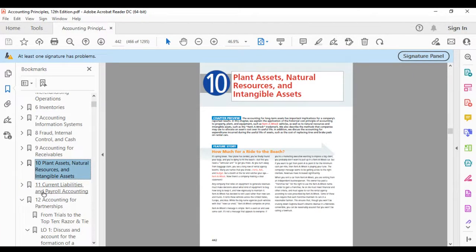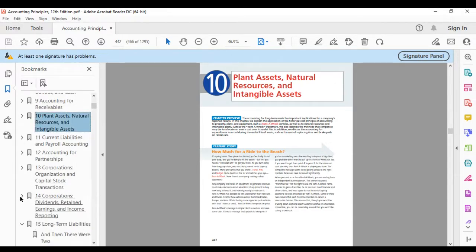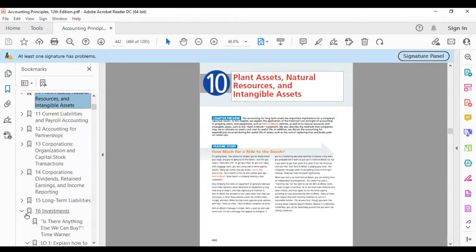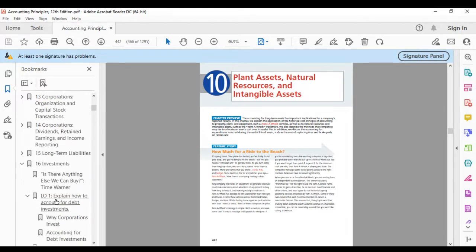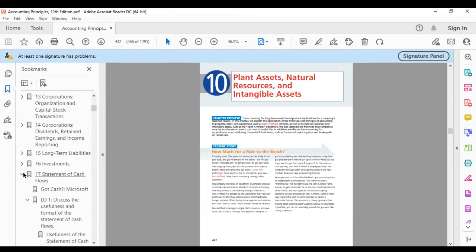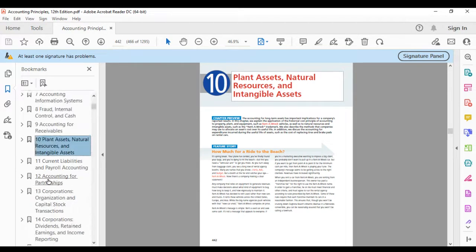Chapter number 11, chapter number 12, chapter number 13, 14, 15, and 17. 16 will not be included. So these are the chapters which will be covered. Chapter 10, plant assets.